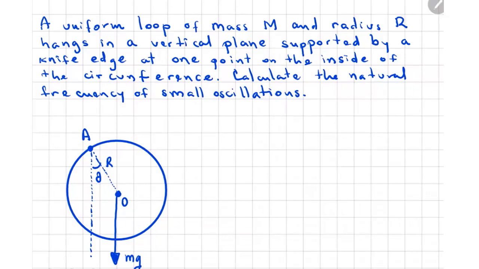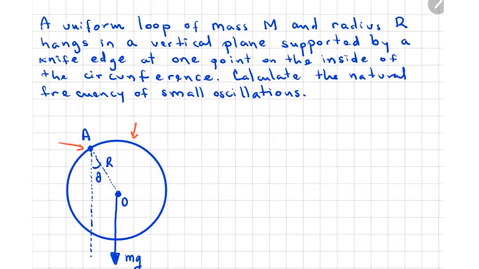Okay, guys, in this problem we have this loop, and it's hanging at this point A. The first thing we have to do here is know the moment of inertia of the loop.